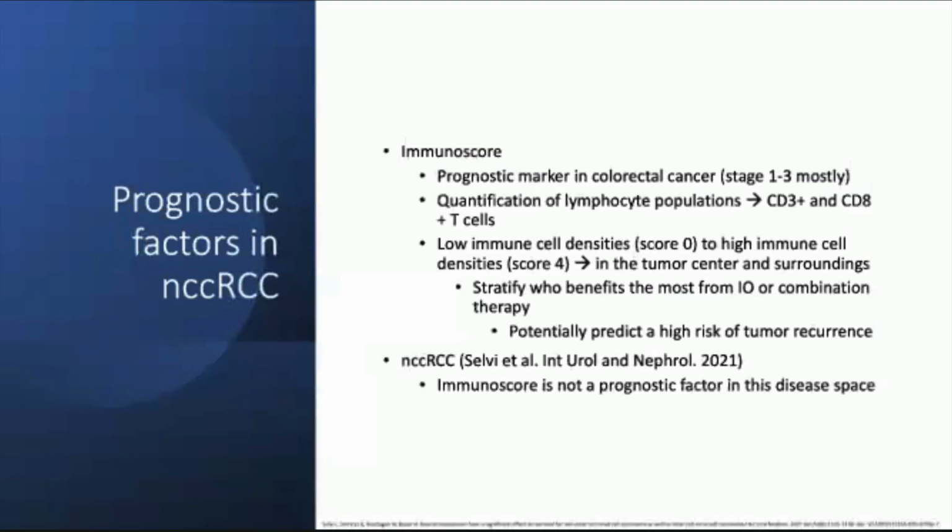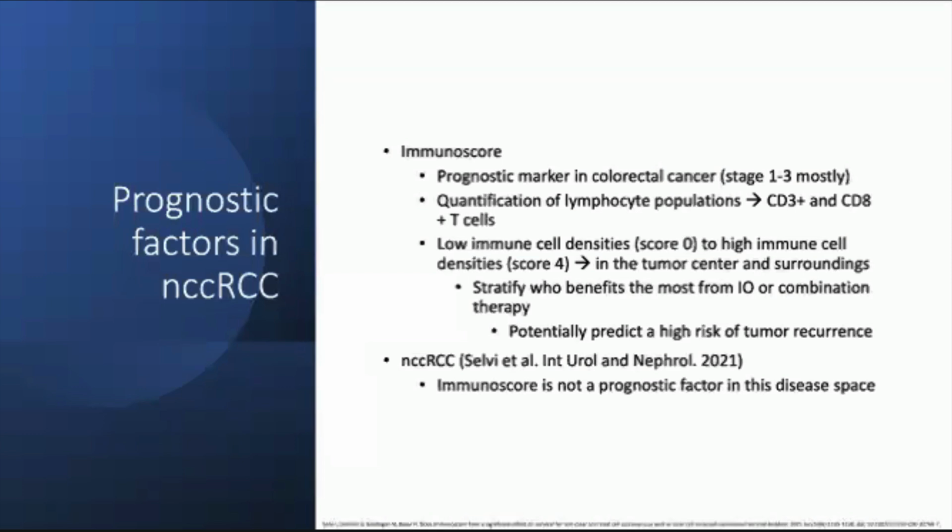But there's been some research looking at the immunoscore as a potential prognostic factor. This is used in colorectal cancers, mostly in patients with stage 1 to 3 colorectal malignancy. It essentially quantifies the lymphocyte population within the tumor and around the tumor in its environment.